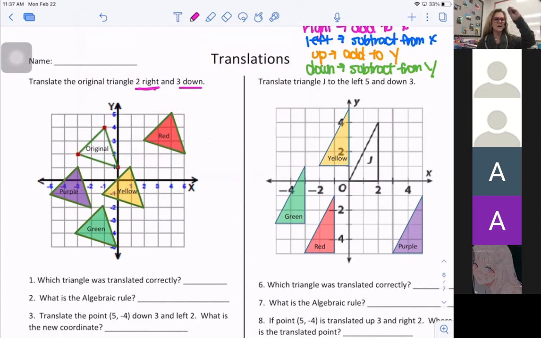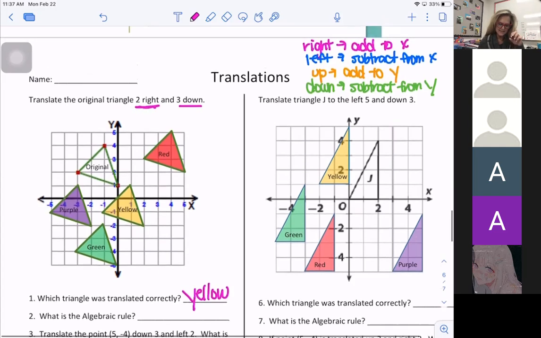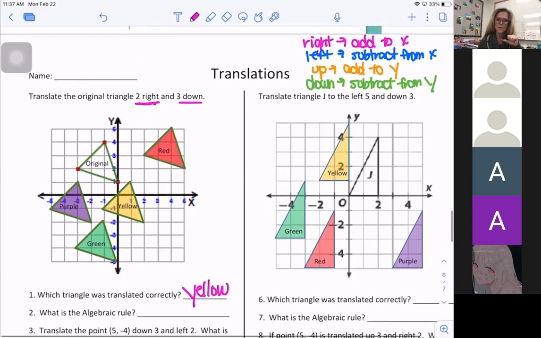I could just pick one of those points and move it right two and three down. So the yellow is the correct one translated. Again, look at your words, right and down. Right means I'm adding 2 to x, down means I'm subtracting from y.